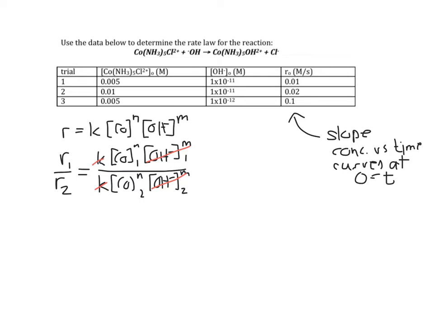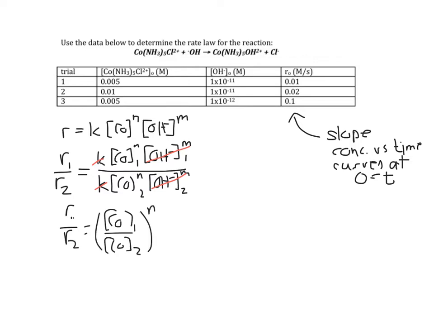That means that the ratio in the rates is equal to the ratio in the cobalt amine concentrations raised to the nth power.